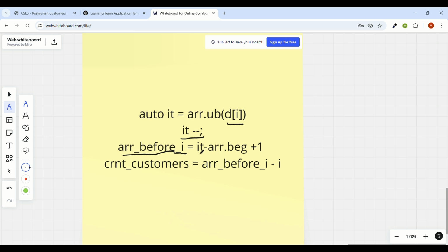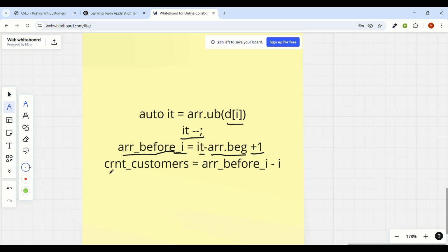How would we find that? We will find that by subtracting the beginning iterator of the arrival array from the IT, because that would indicate the number of elements till here. We will add 1 to it, because in programming, indexing is always 1 lesser, so we would be adding 1 to that.